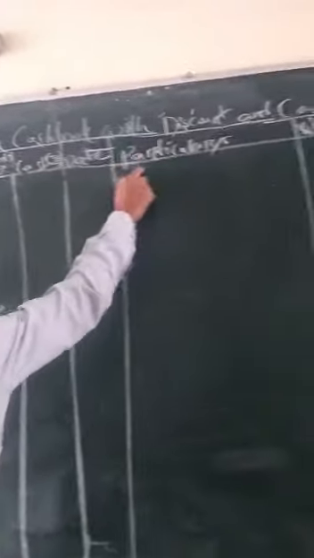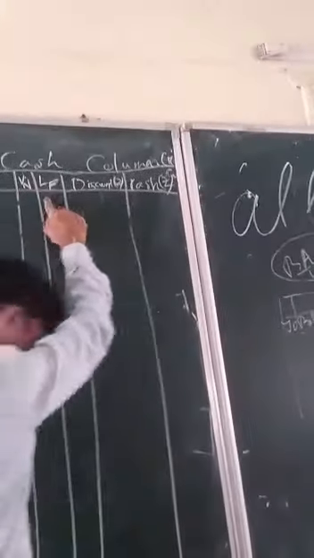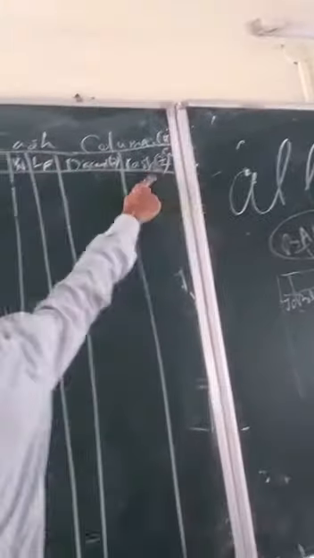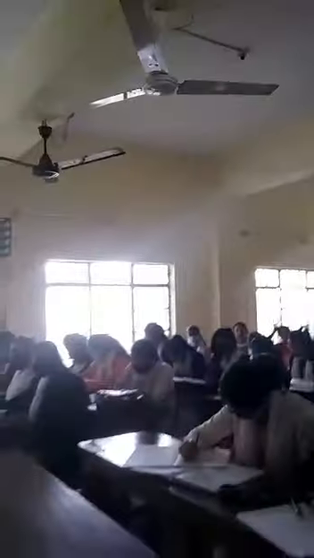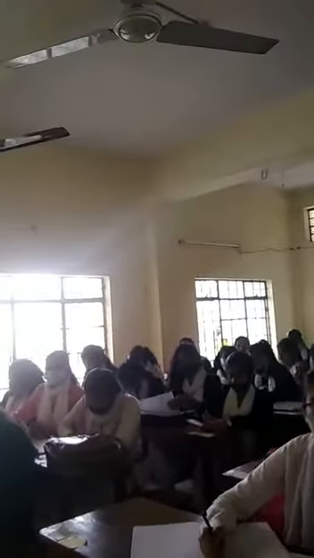Again date, particulars, voucher number, LF, ledger folio, discount rupees, cash rupees. Very good. So we have made the double column cash book. Nobody should commit mistake here. Everybody has drawn? Let's enjoy this question now.